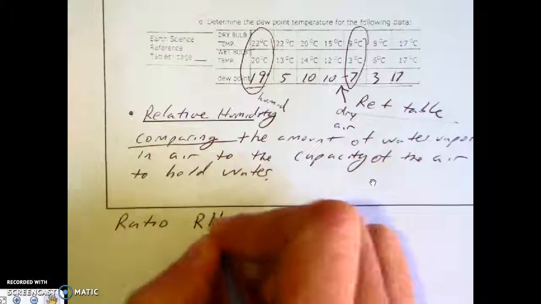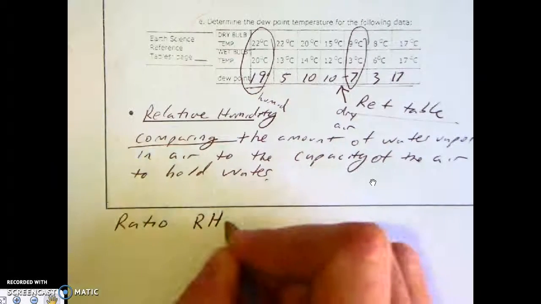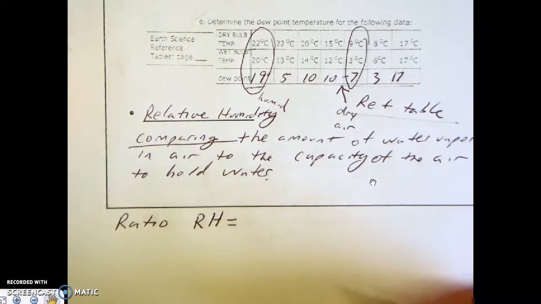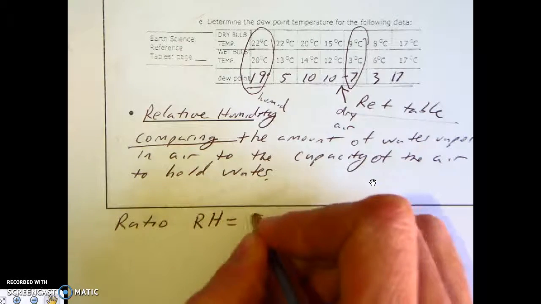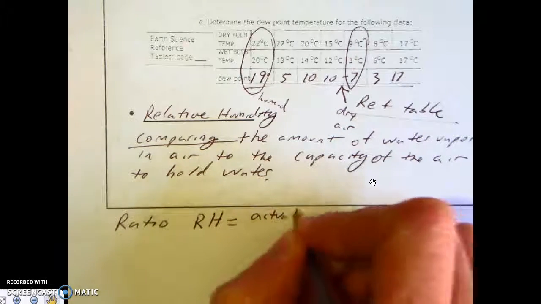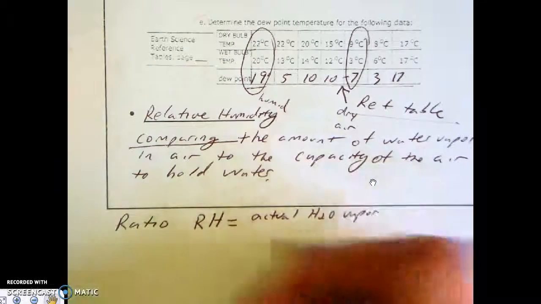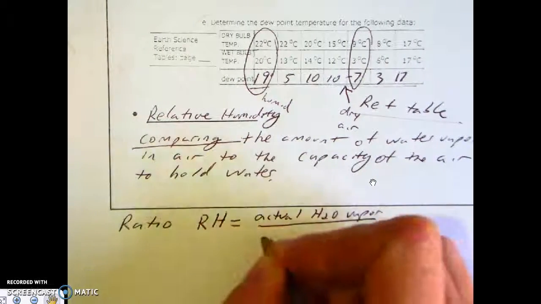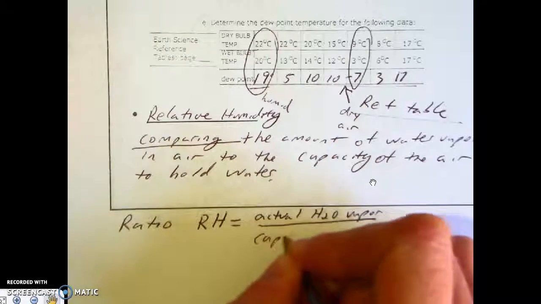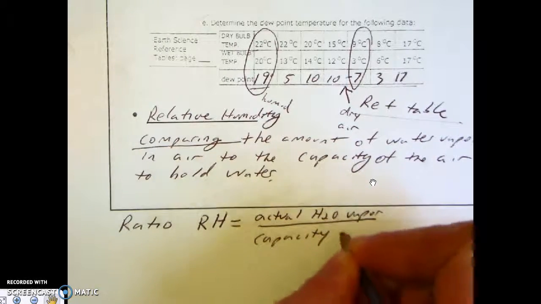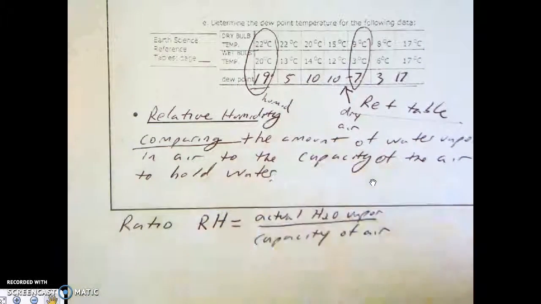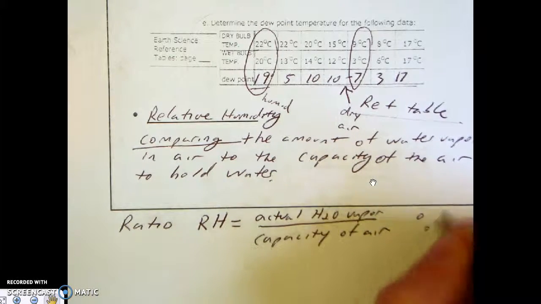So I'll write RH for relative humidity equals the actual water in the air, actual H2O vapor, divided by the capacity of the air to hold water. And it's shown as a percentage.